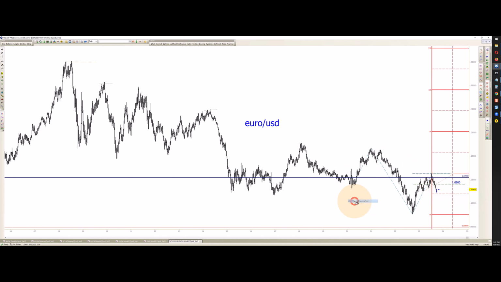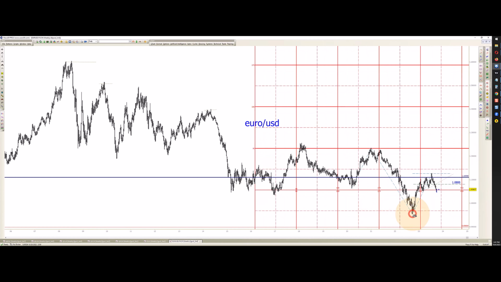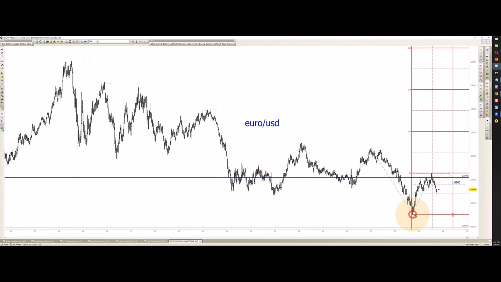I would like to look at 108. This was the number we were using a while back. 108 is really the resistance now. We do have a little way to go to get up there.